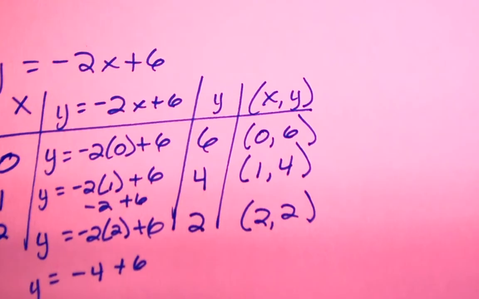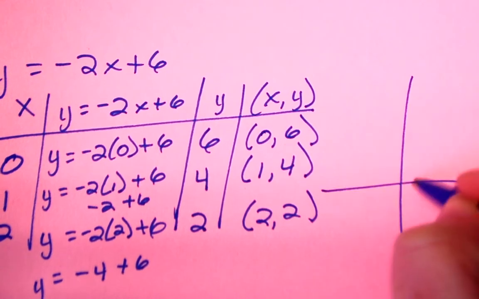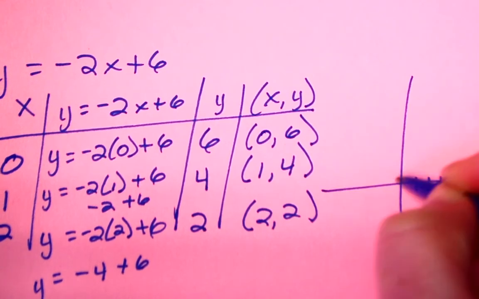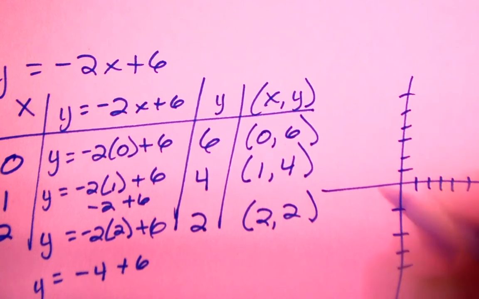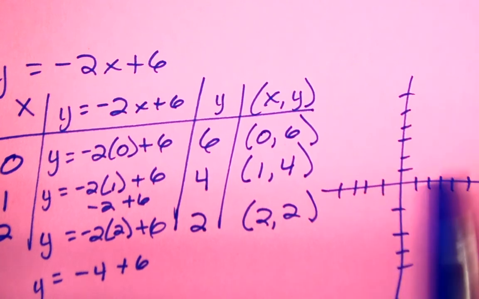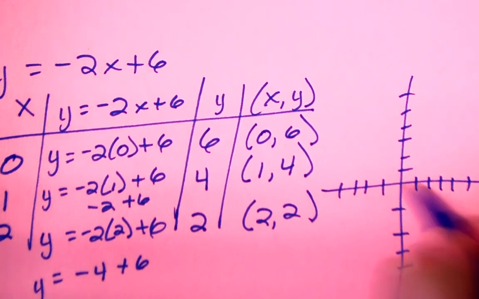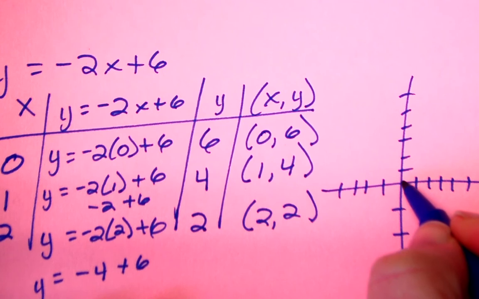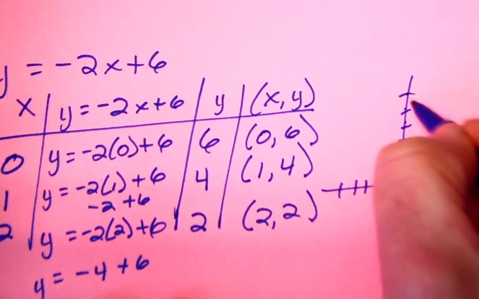Now, it's not asking you to plot these points, but I'll go ahead and show you. Okay, and I'm just sketching this out. It doesn't have to be perfect. So 0, 6: x is 0, y is 6. 1, 2, 3, 4, 5, 6.